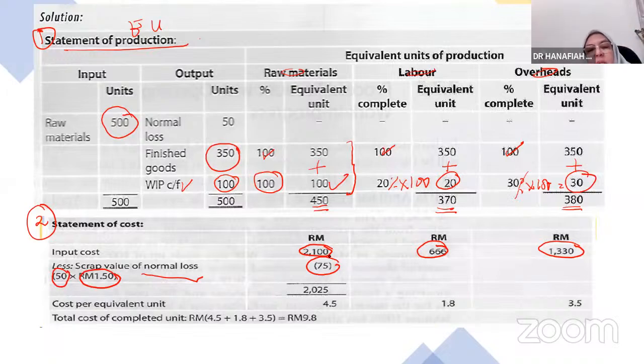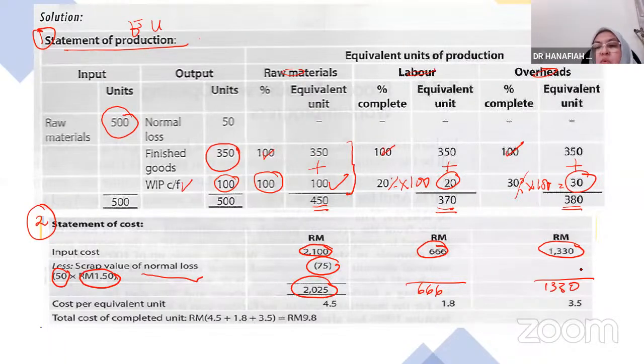Therefore, the actual input cost becomes lesser, because those 50 units can be sold as scrap. Then now 2100, you minus that 75, you only incur 2025. How about the labor? Labor should be 666, and the overhead is 1330.